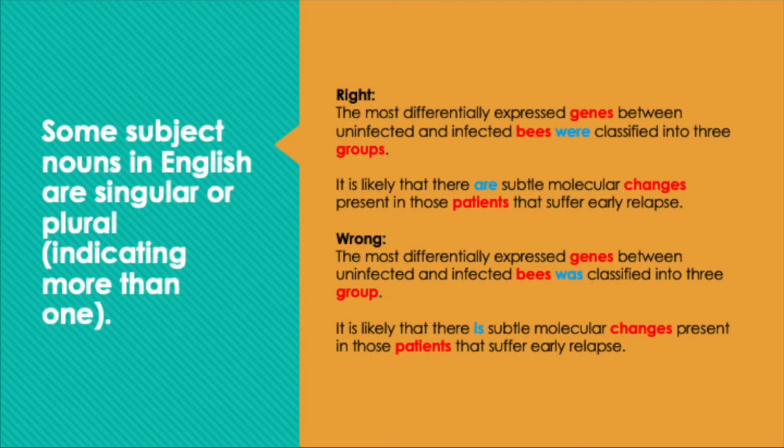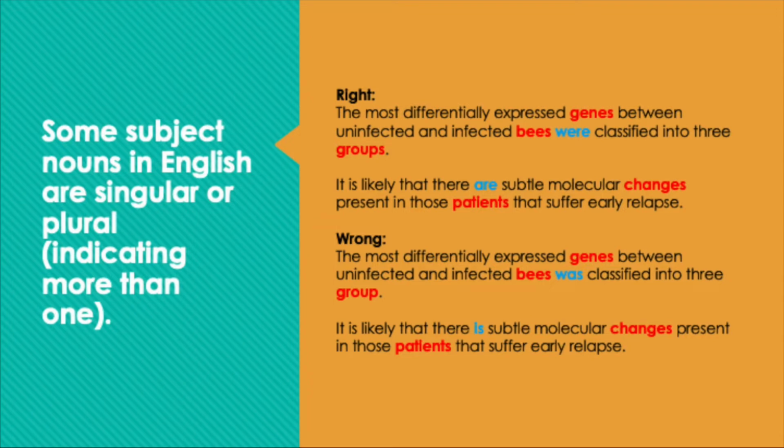You wouldn't say the most differentially expressed genes was. You have to say genes were. So that's the first mistake. And then the second mistake is classified into 3 groups. If you have 3 of something, then it should be groups. It should be plural.